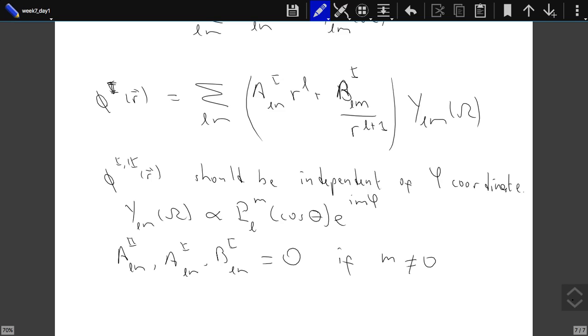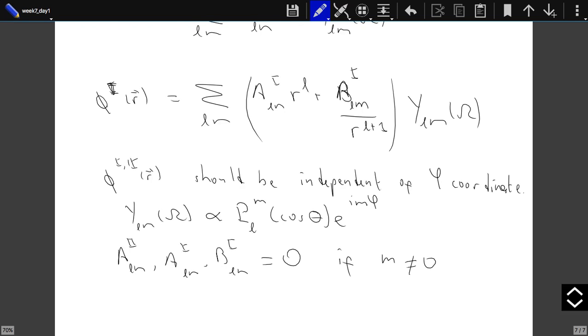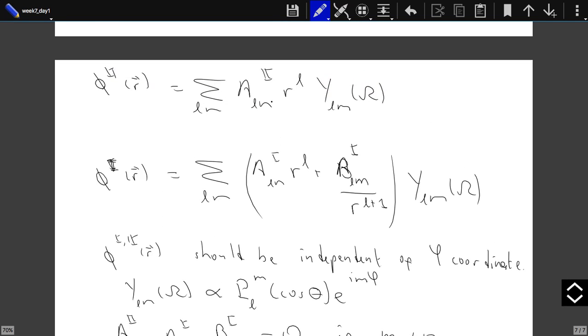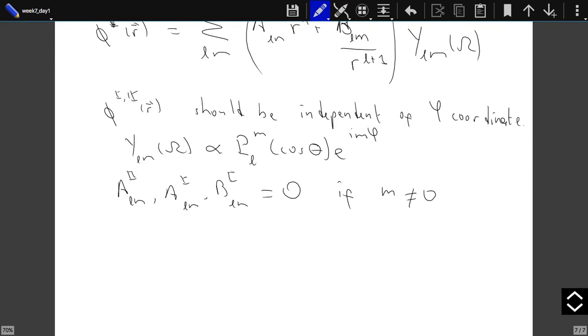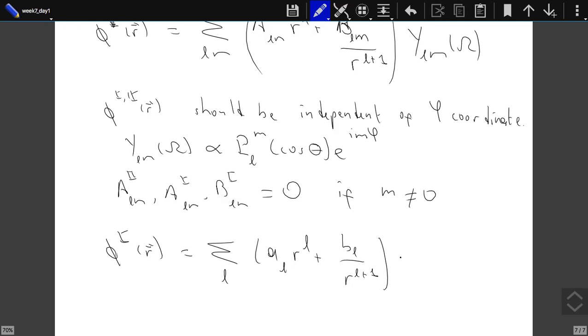These should all be 0 if m is different than 0, because otherwise the potential will have phi dependence. Well, if m is 0, these Y_LMs are nothing but the ordinary Legendre polynomials, with some normalization, which I can absorb in the definitions of these A_LMs and B_LMs.